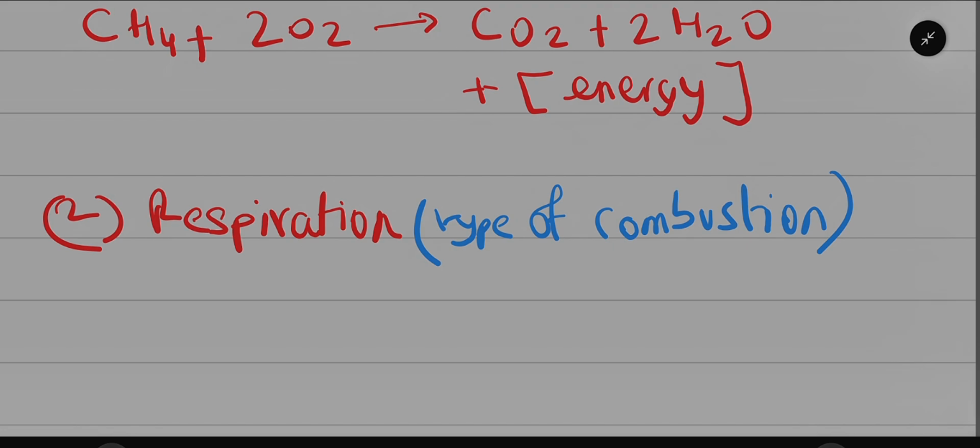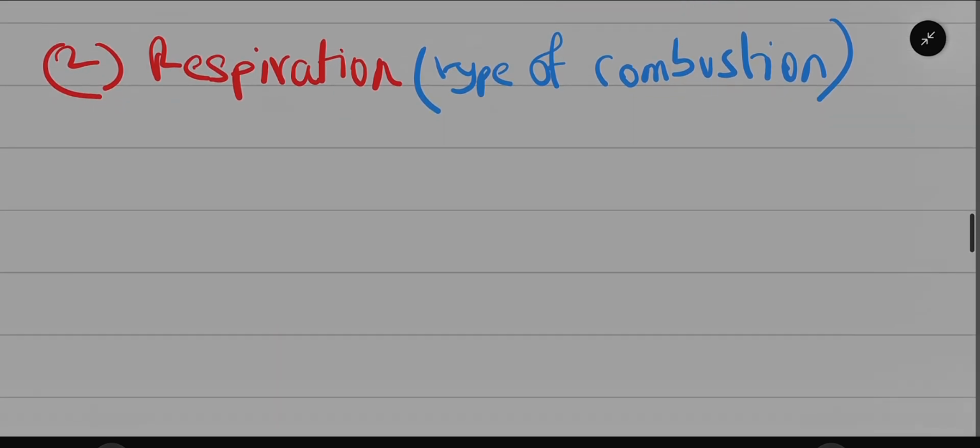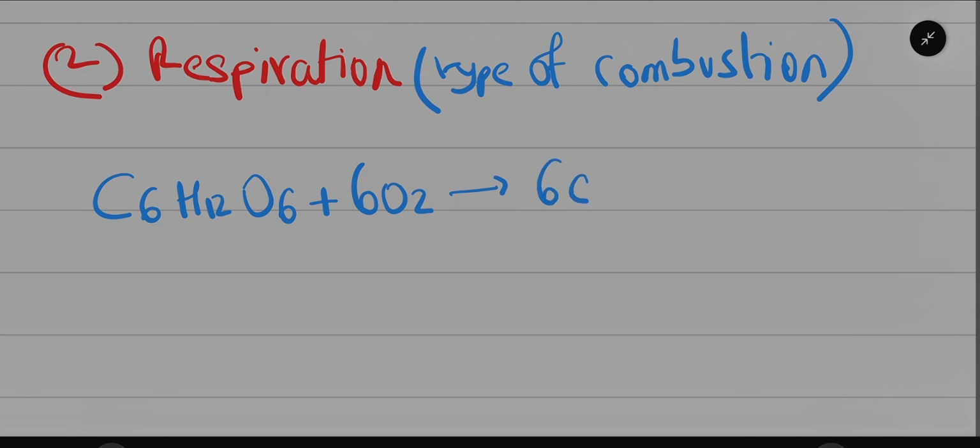You will study this in biology. So what happens is that one glucose molecule gets burned in oxygen by our body to provide us with carbon dioxide, water, and also energy.